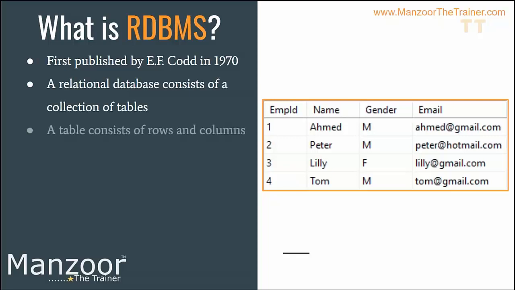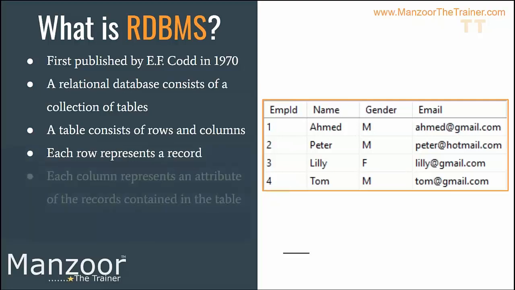So one or more tables you may have. A table consists of rows and columns. Each row represents a record. Each column represents an attribute of the record. Each column we call an attribute or field. Employee ID is one attribute or field. Name is one attribute. Gender is another attribute. Email is another attribute or field.